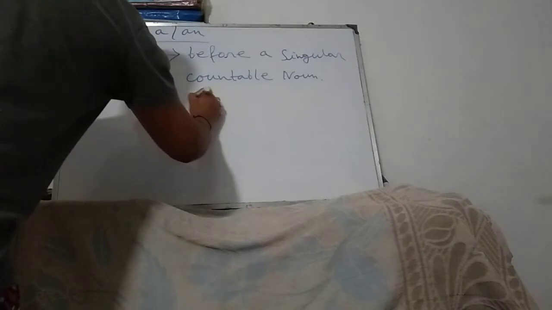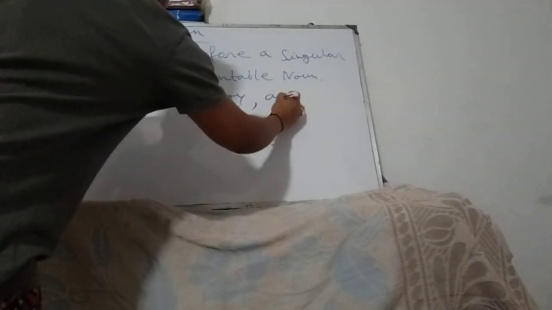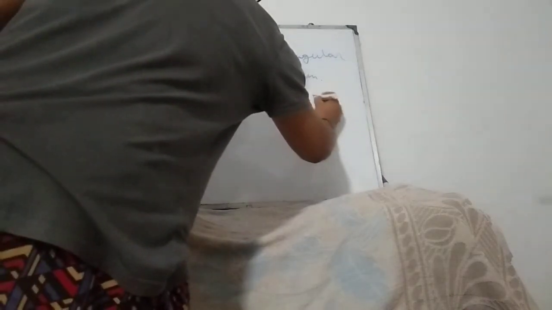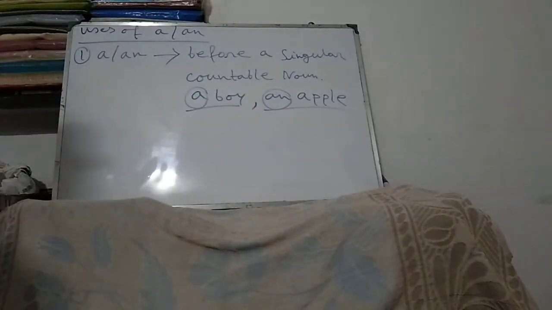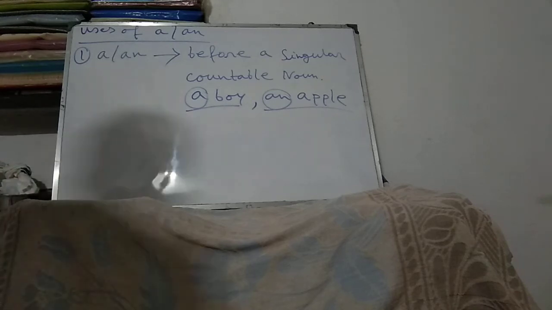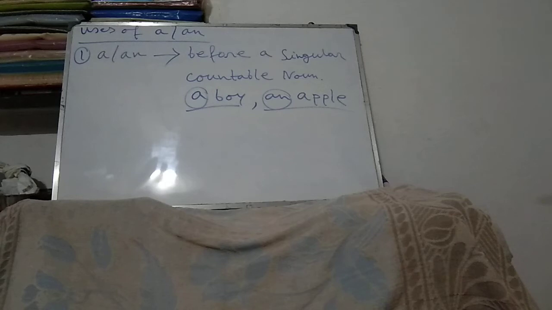For example, a boy, an apple, etc. But where should we use a and where should we use an? We all know.